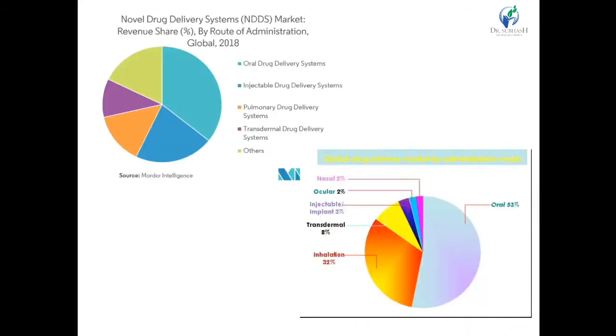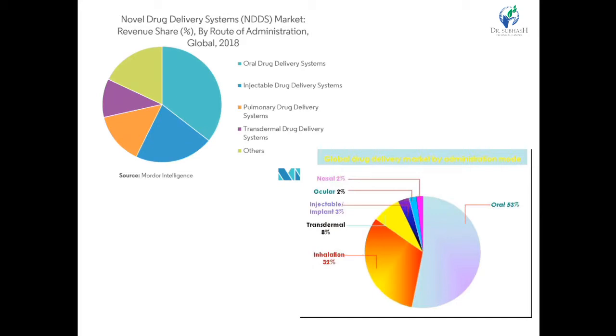Here some data are given, collected from the internet. Globally in 2018, this is the novel drug delivery system, NDDS, market revenue share percentage by route of administration. The most widely used is the oral drug delivery system, more than 35%. The second option is parenteral injectable drug delivery systems, followed by pulmonary and transdermal.